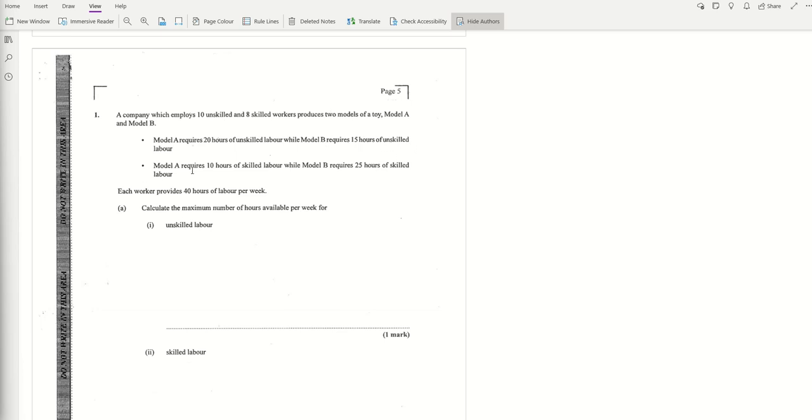Model A requires 10 hours of skilled labor, while Model B requires 25 skilled hours. Each worker provides 40 hours of labor per week. Calculate the maximum number of hours per week for unskilled and skilled laborers.